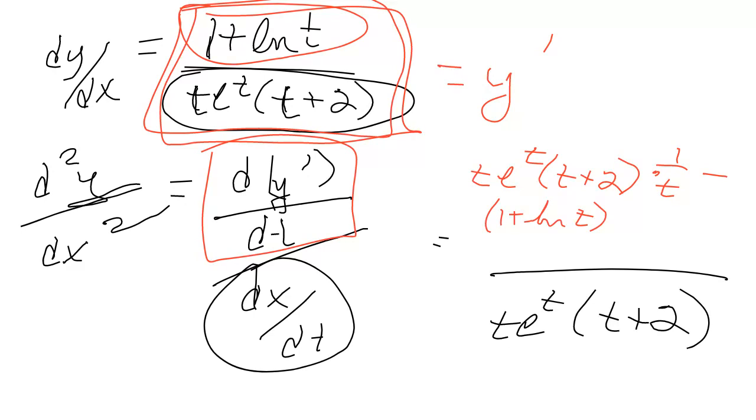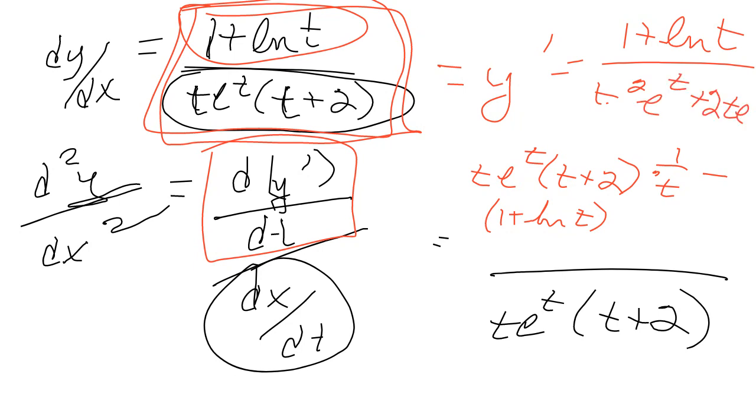The derivative of the bottom, I might rewrite that as multiply that out. I don't know if that's going to help or not. t squared e to the t plus 2t e to the t. For the derivative of the bottom, we have to use the product rule for both, don't we? Yep.